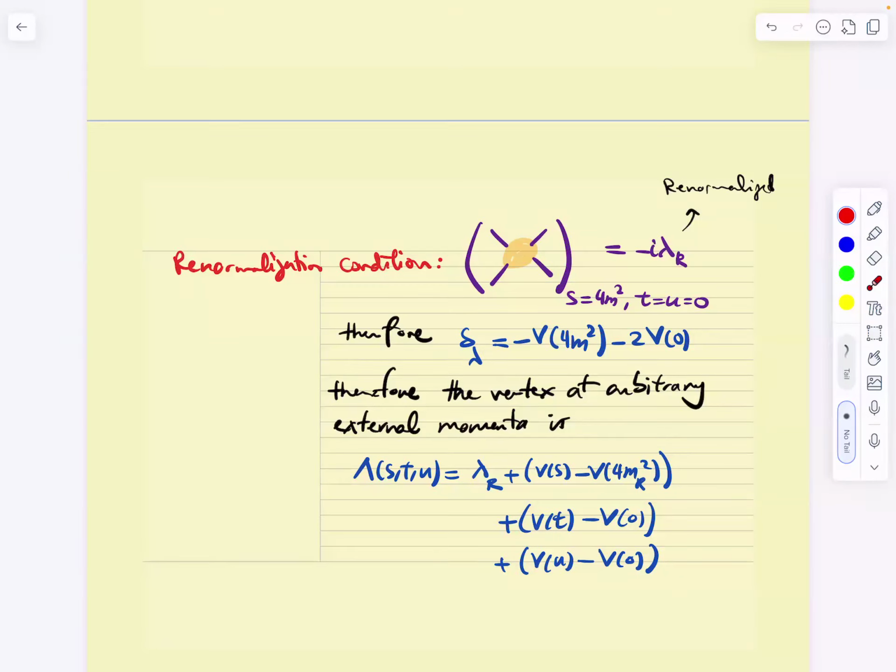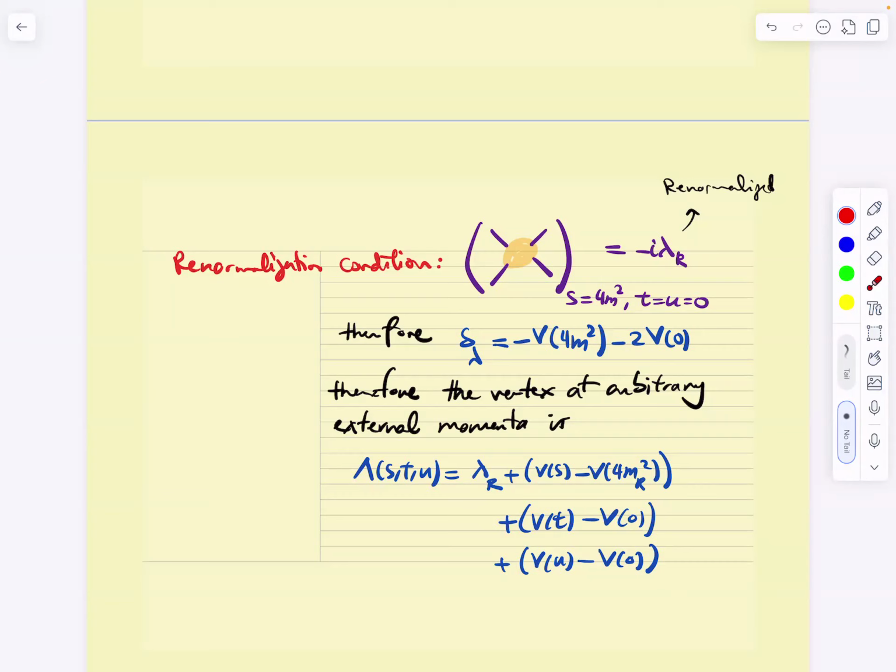Then you rewrite your action. We're still dealing with the initial action that we had, which was with all the bare things. But once you write this in terms of the renormalized theory, you end up with new terms that will contribute to Feynman diagrams. These are the terms that carry the divergences, capture the divergences. These are what we call counter terms, right?